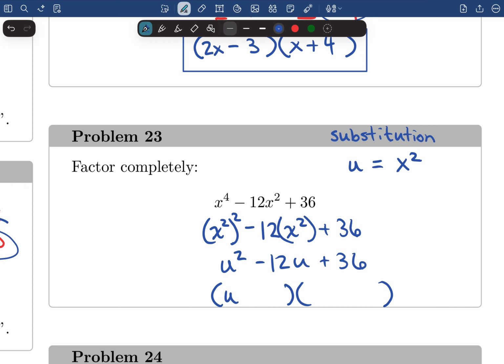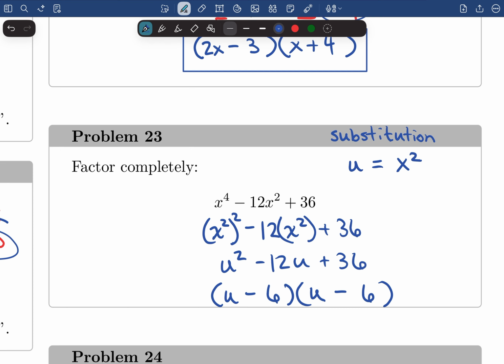And I put a u here and a u here. And in fact, this is a perfect square trinomial because I see that 36 is a perfect square. Yeah, so this is a perfect square trinomial. And lastly, I would have a minus here and a minus here, like that.